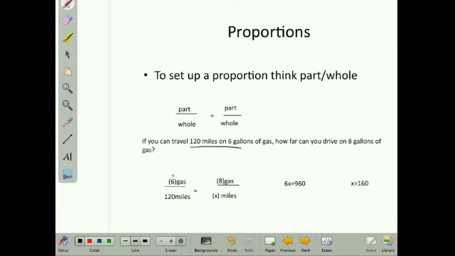So in this situation, what I do is cross multiply. I can always reduce if I want to, but it's just as easy to do it this way. So 6x equals 960.